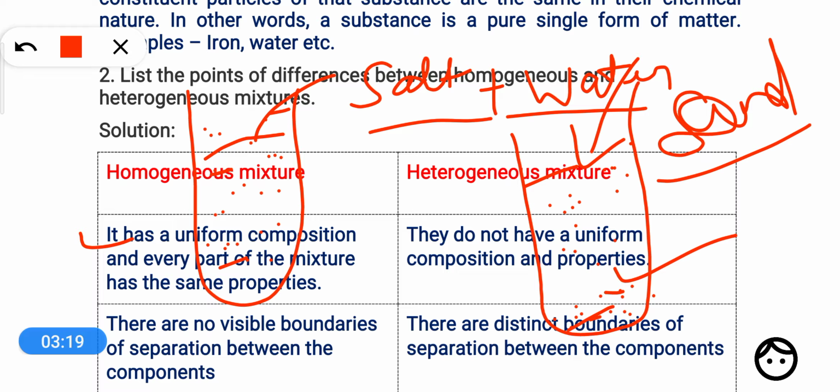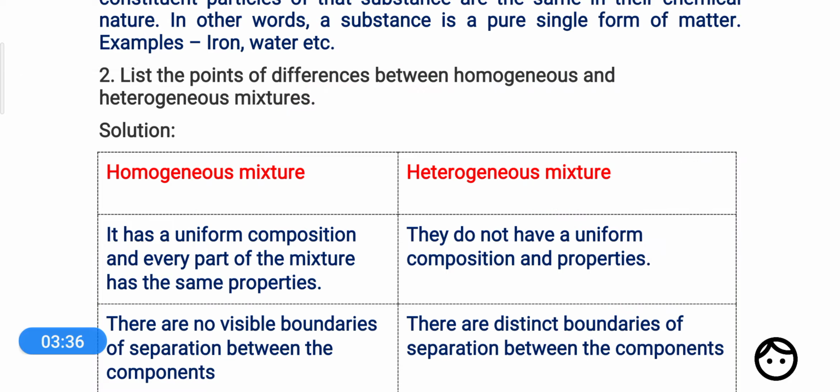So at the bottom the amount of sand is more, but at the top the amount of sand is minimum. So the composition of this mixture, water plus sand, is not uniform.